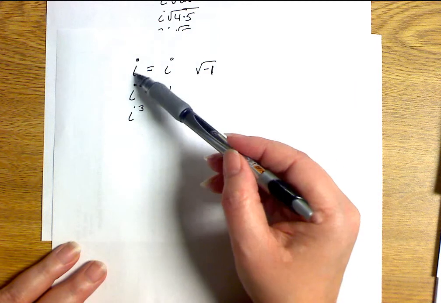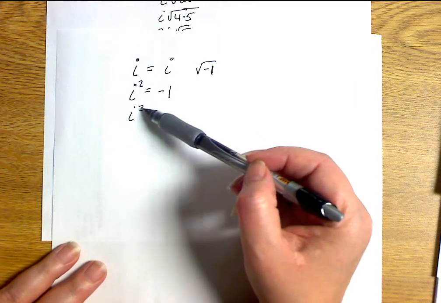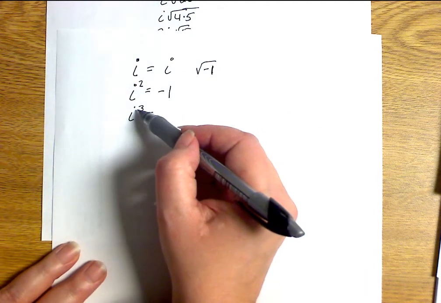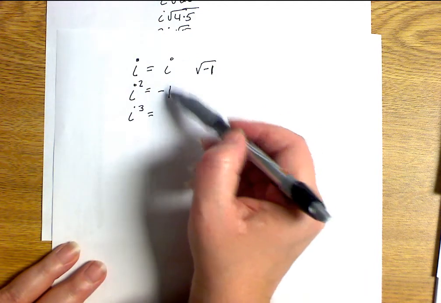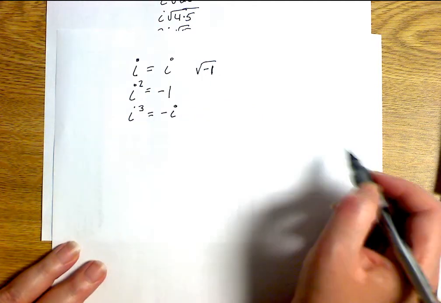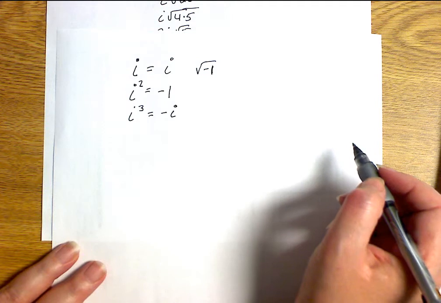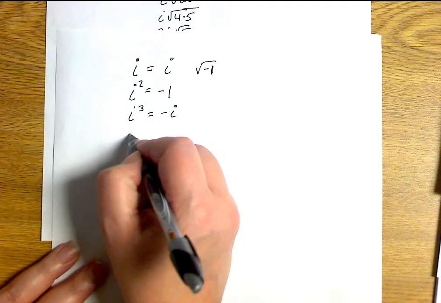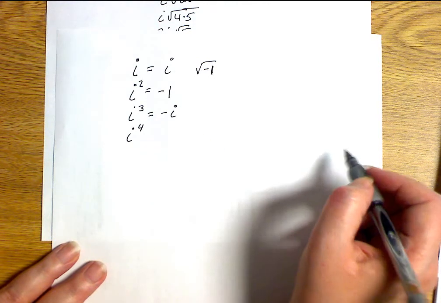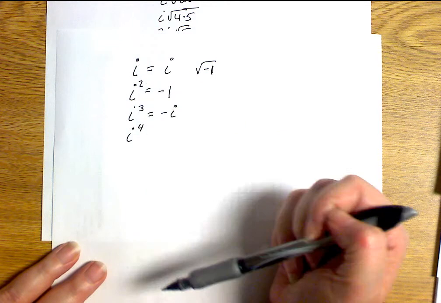So that means i cubed equals i times negative 1, which is negative i. So i cubed equals negative i.